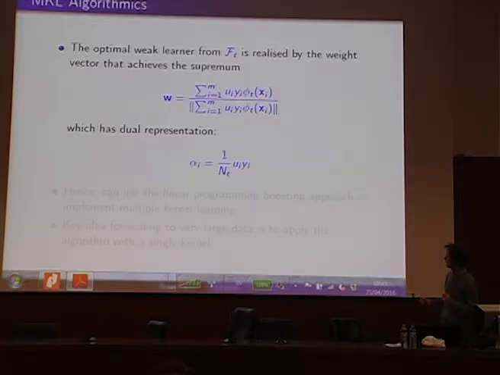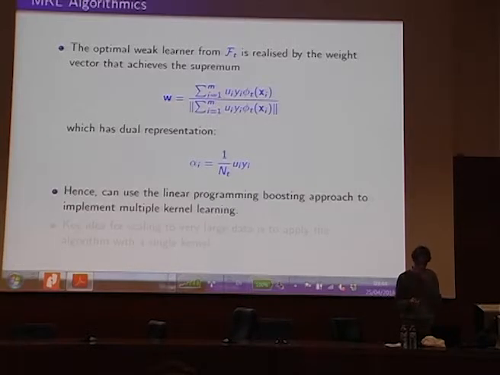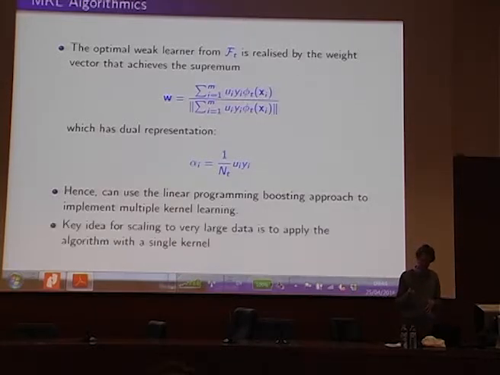It has a dual representation in terms of those u_i. Remember, the u_i was coming out of the linear programming boosting algorithm. The linear program now defines the dual weights in terms of picking a function from that kernel-defined feature space. So we can use linear programming boosting to implement multiple kernel learning.